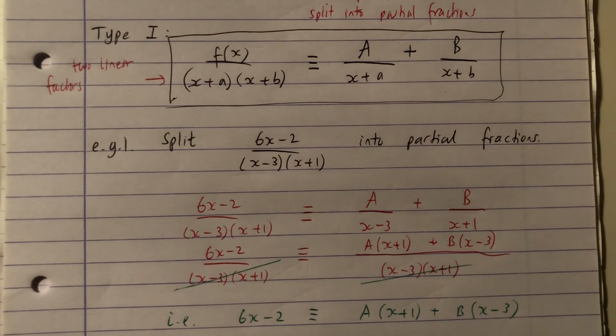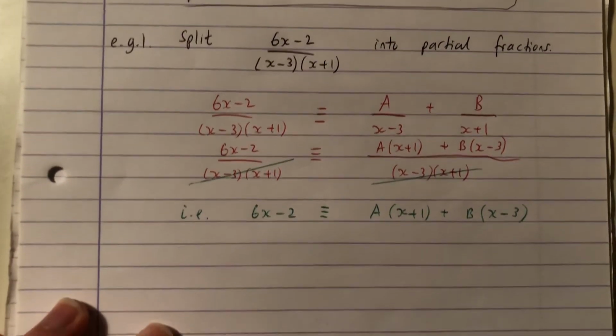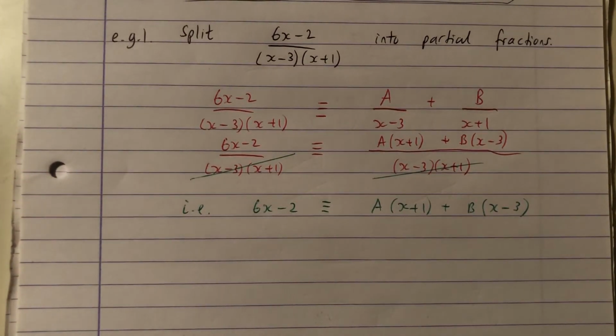Now, at the moment, there are lots of letters and you have to find A and B, and it's quite tricky to do so. But remind yourself, for an identity, that means this is true for every single value of x. Now you've got two unknowns. Normally, when you've got two unknowns, you'd have two equations and you would solve them simultaneously.